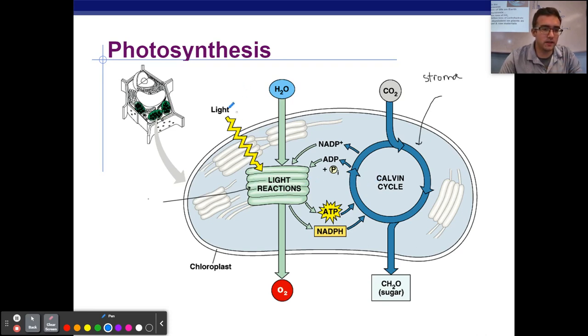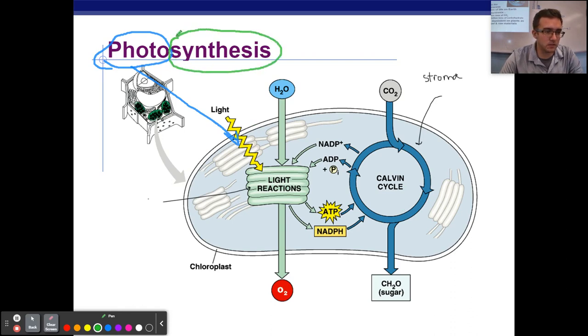the Calvin cycle. The light reaction, this part here, this is the photo part of photosynthesis, because this part uses light. It's the light reaction, light's made of photons, so that's the photo part, the light using part. And then the Calvin cycle, this part over here, this is the synthesis part, because synthesis means to make or to build.